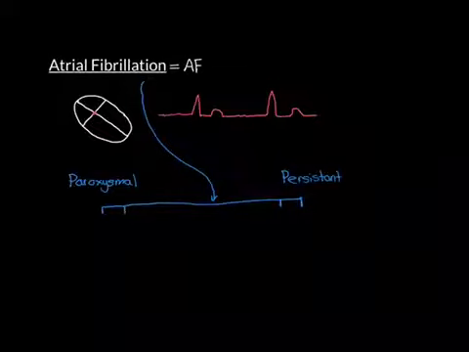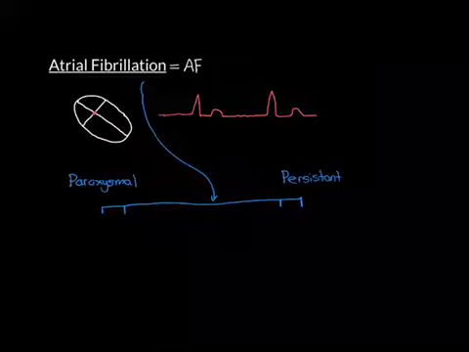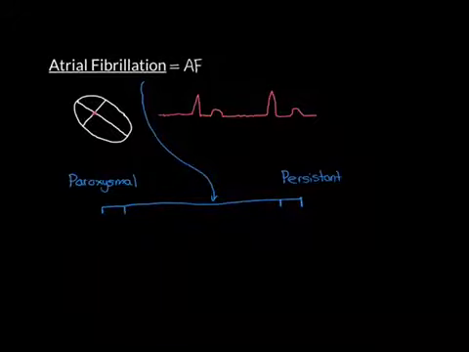So it's very important to understand that there is this huge bit in the middle here. Atrial fibrillation is not just two conditions, persistent and paroxysmal. No, there is this huge bit in between where people are going in and out of atrial fibrillation.